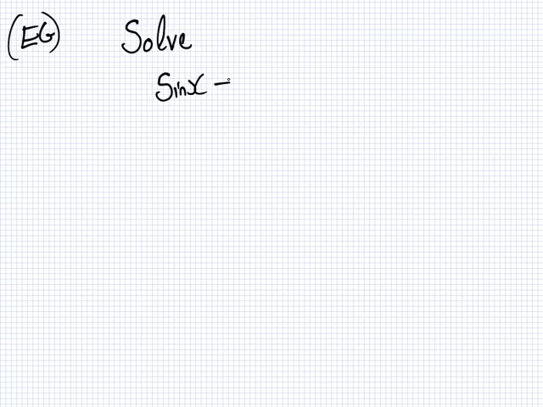Sin x plus 2 cos x equals 0, and x is between 0 and 2 pi. This one here is actually a pretty easy one to start with.